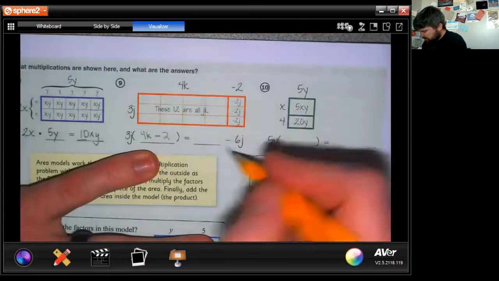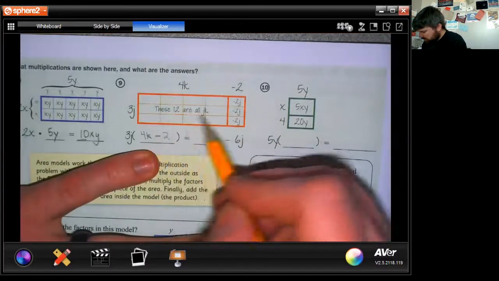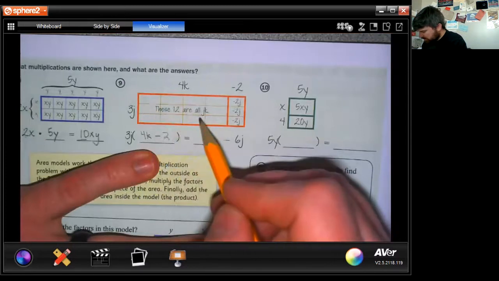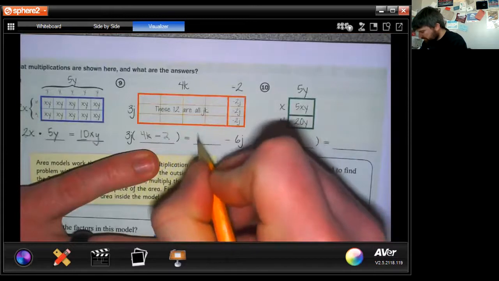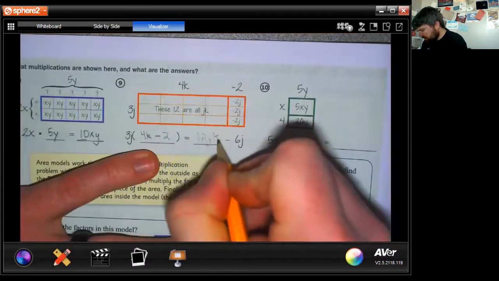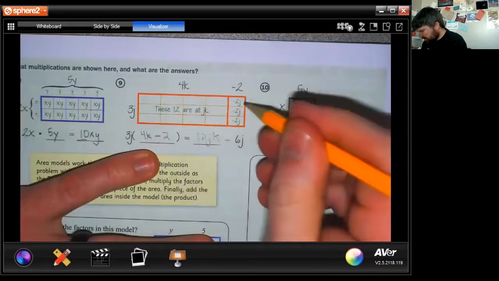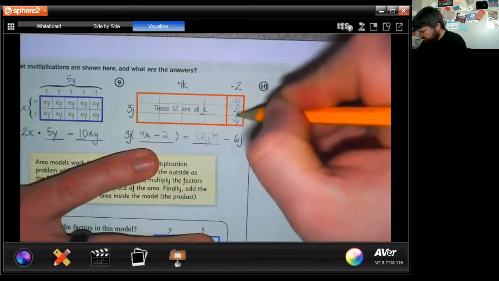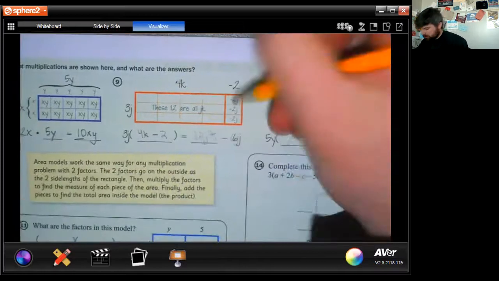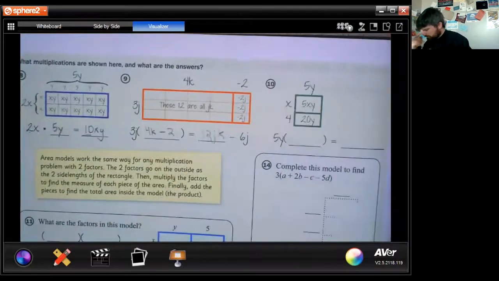So what does this equal? So we've got 12. So there are 12 here. These 12 are all JK. So 12JK minus 6J, because you got 3 of them, and they're each -2.